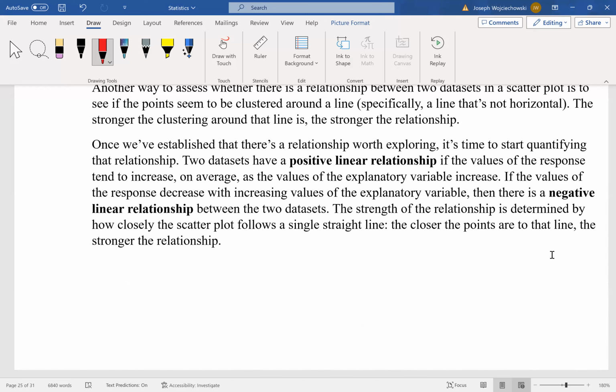Two data sets have a positive linear relationship if the values of the response tend to increase on average as the values of the explanatory variable increase. If the values of the response decrease with increasing values of the explanatory variable, then there is a negative linear relationship between the two data sets. The strength of the relationship is determined by how closely the scatter plot follows a single straight line. The closer the points are to the line, the stronger the relationship.